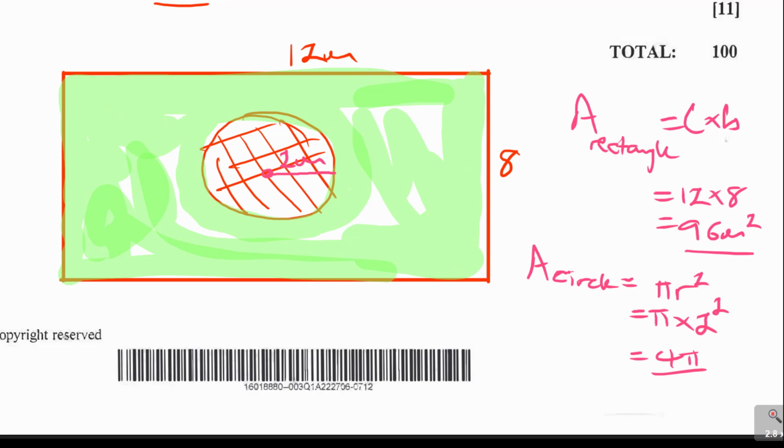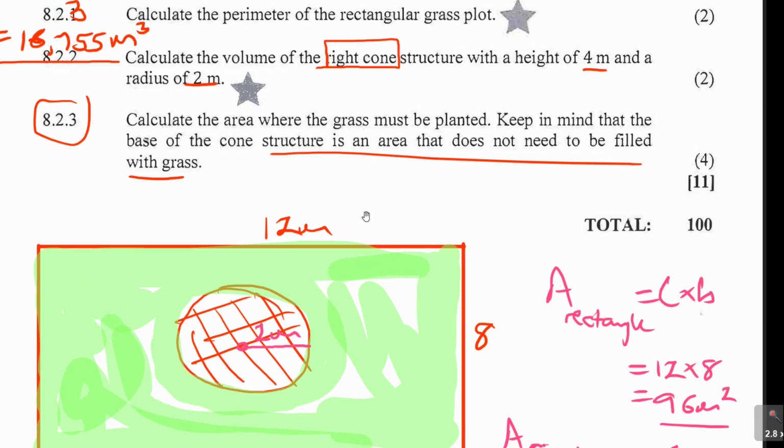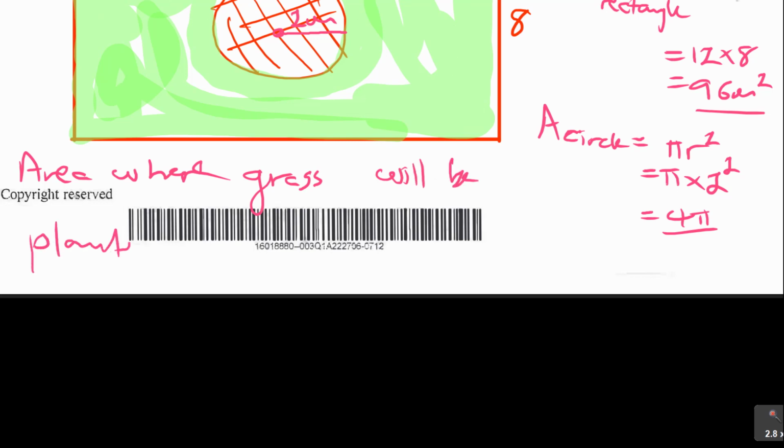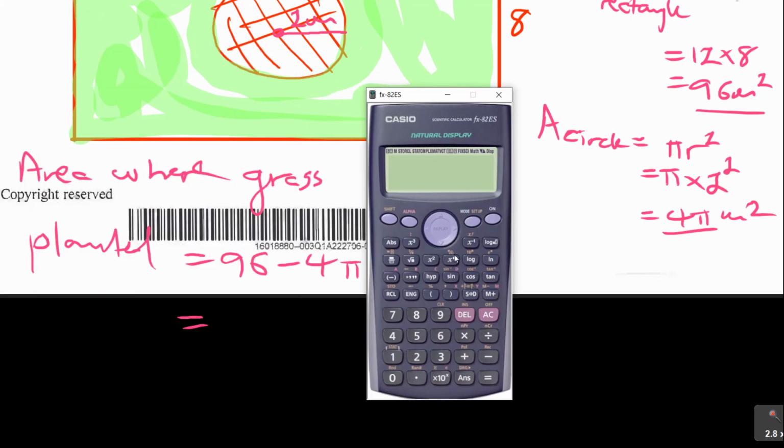The area where grass will be planted is equal to 96, this is meters squared, minus 4 pi. What is 96 minus 4 pi equal to?